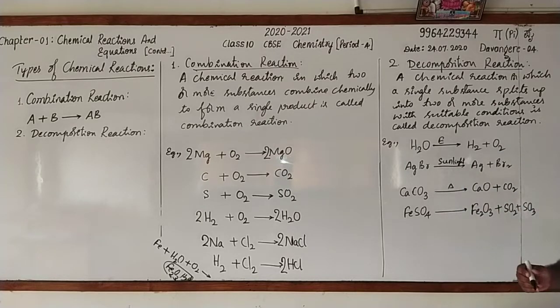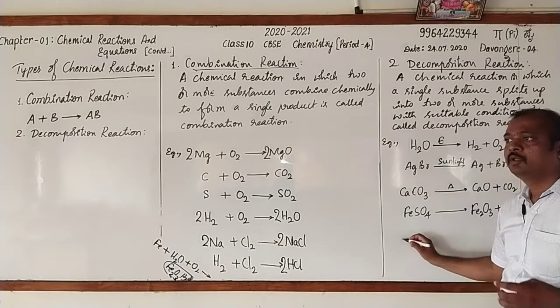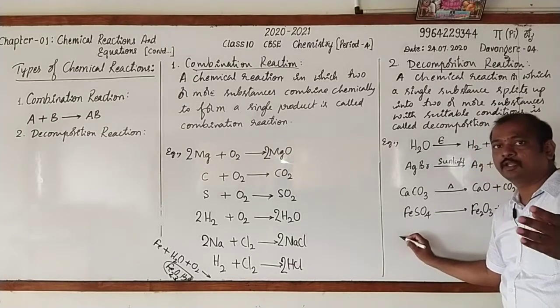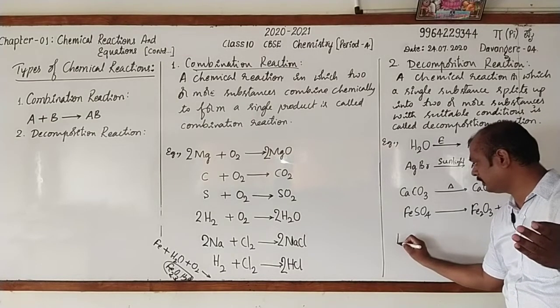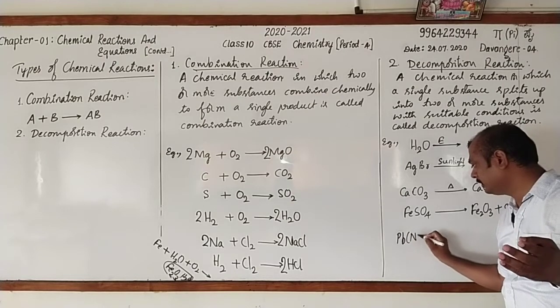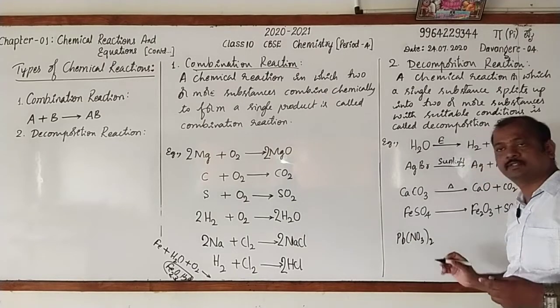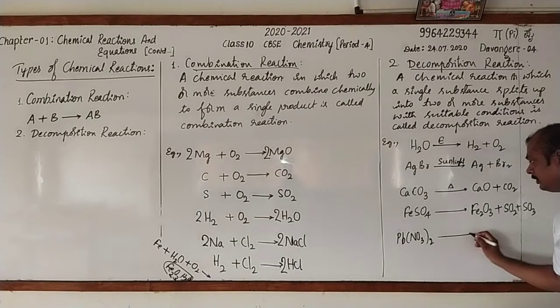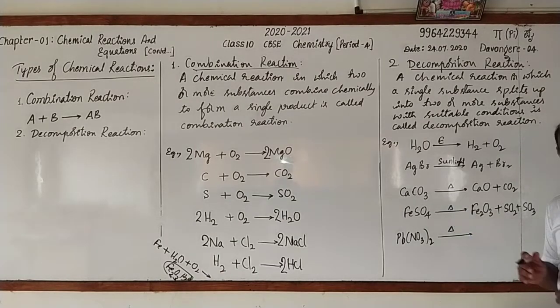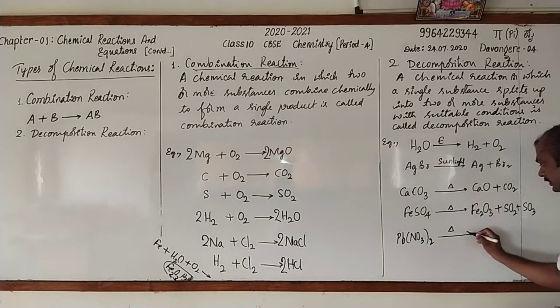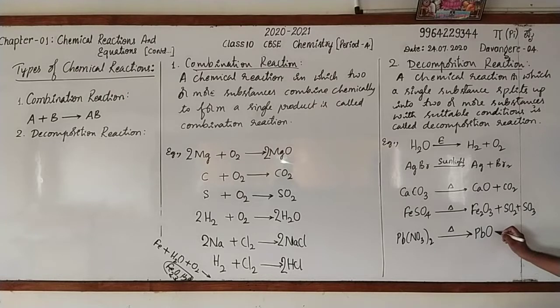I will give you another important example. It is lead nitrate. Can you recall its formula? You are right. It is Pb(NO3)2. Then what happens when it is heated? Yes, it decomposes into PbO, a yellow colored compound.